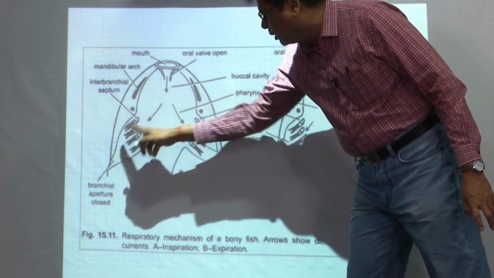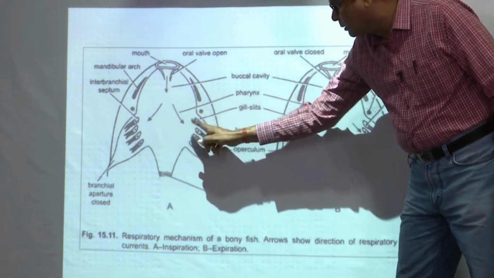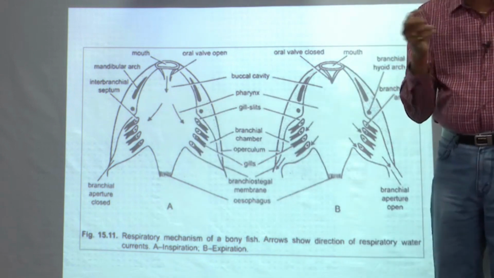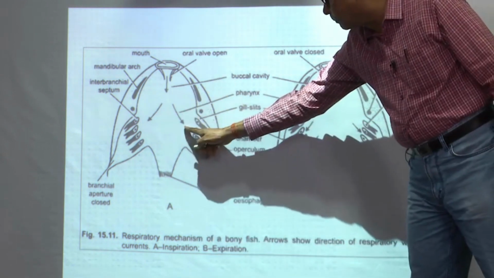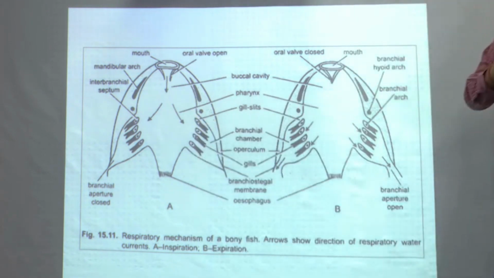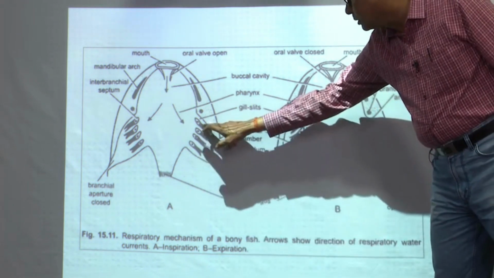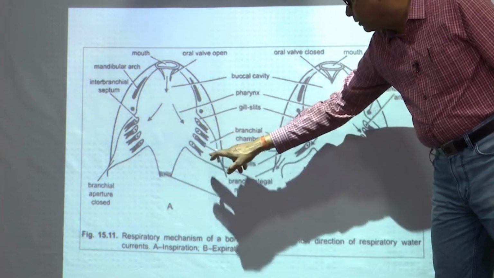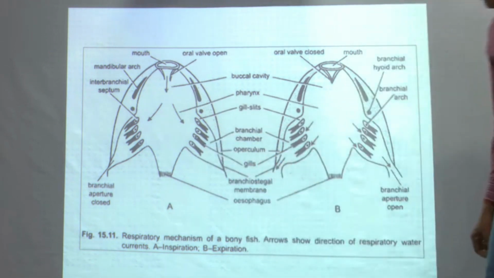Now in the gills, the water comes in contact with the gills. The water contains oxygen, the gills contain carbon dioxide, so there is an exchange between oxygen and carbon dioxide in the gill region. After the exchange, the operculum opens so that the water comes out. So this is the process.